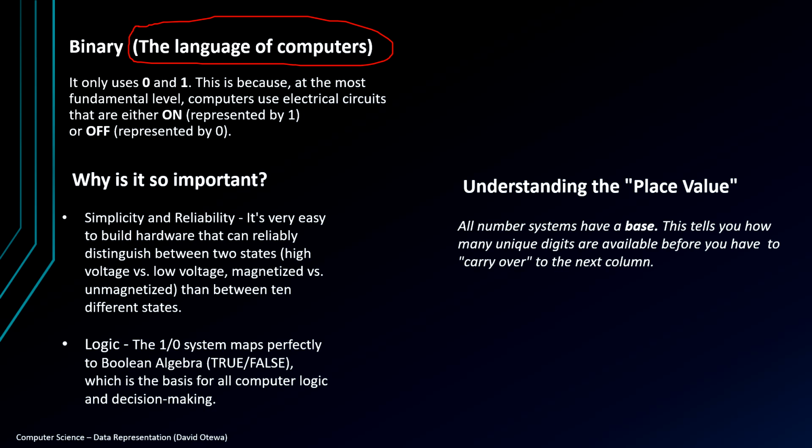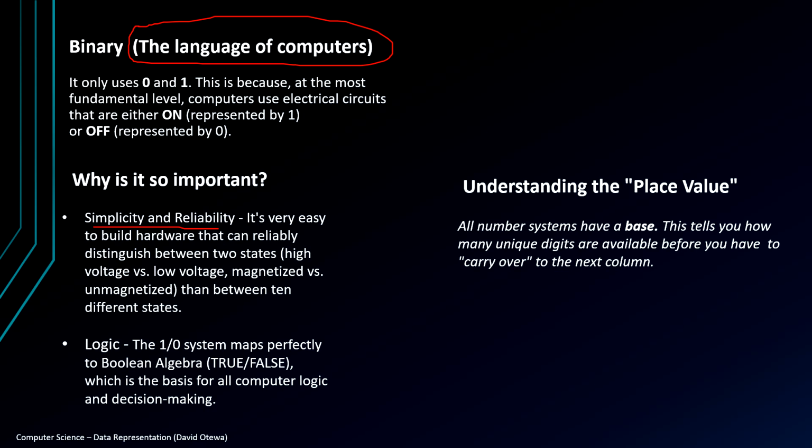So why is it important? There are two main reasons. One is simplicity and reliability. It is very easy to build hardware that can reliably distinguish between two states: high voltage, low voltage, magnetized versus unmagnetized.